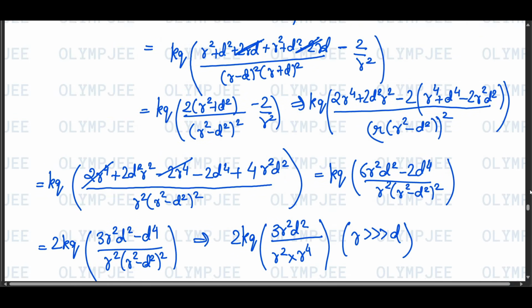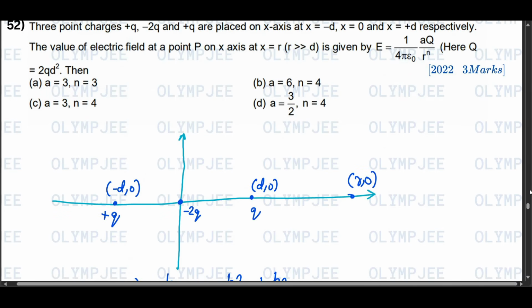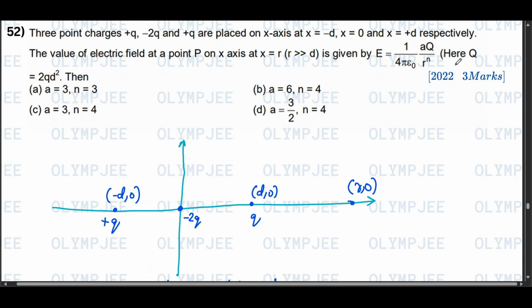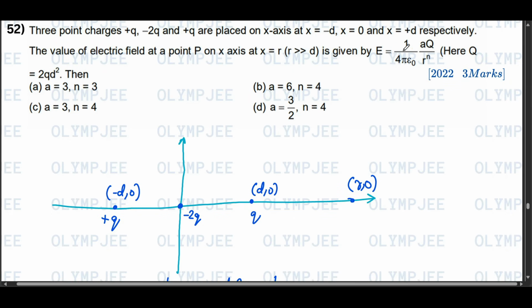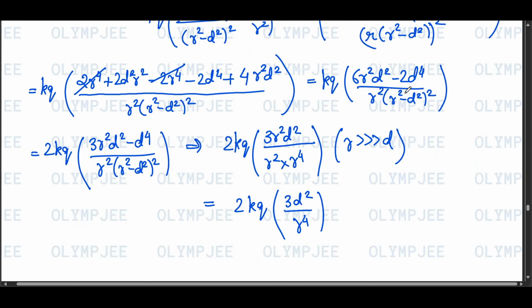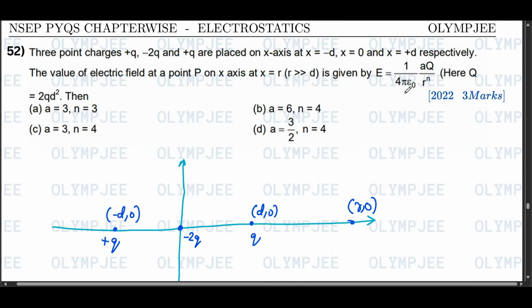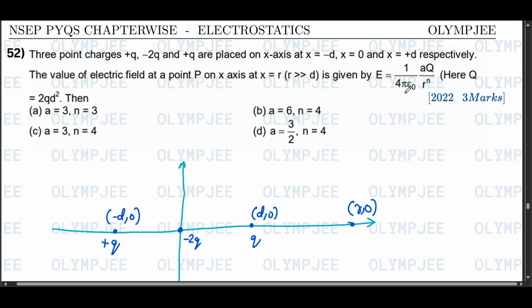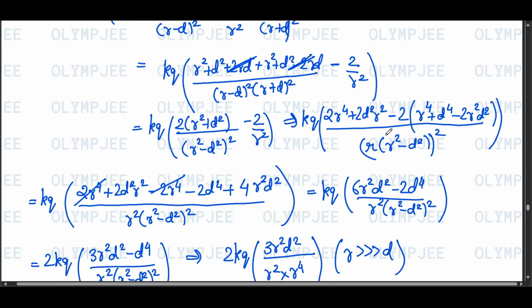So let me now compare it with what we were given in the question. E was given as this. So Q is given as 2qd square, right?